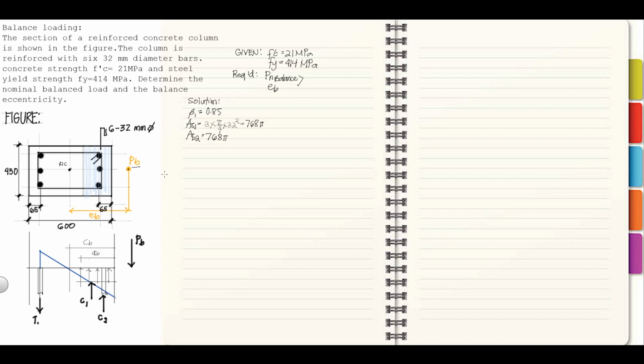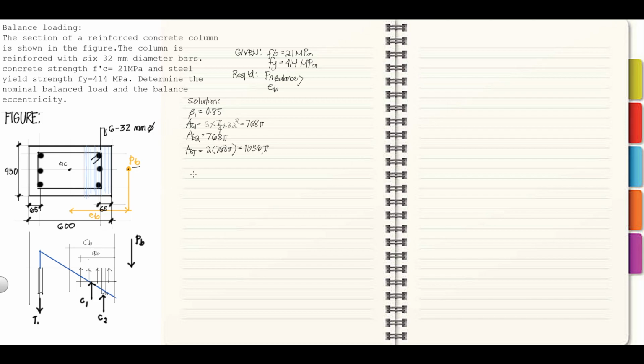And then, our total area of steel, AST, is 2 times 768 pi. So, that is 1536. Okay? That's 1536 pi.